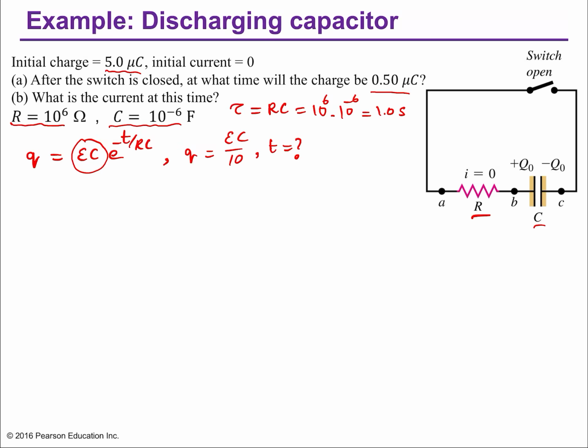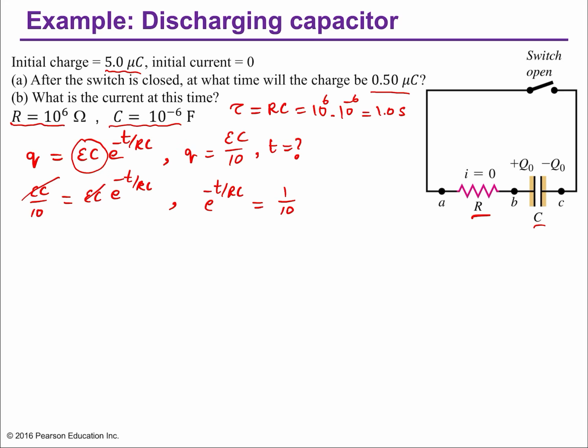Going back to the equation, set Q equal to EC divided by 10, which equals EC e to the power minus t divided by RC. The EC cancels out, and you get e to the power minus t divided by RC equal to 1 divided by 10.